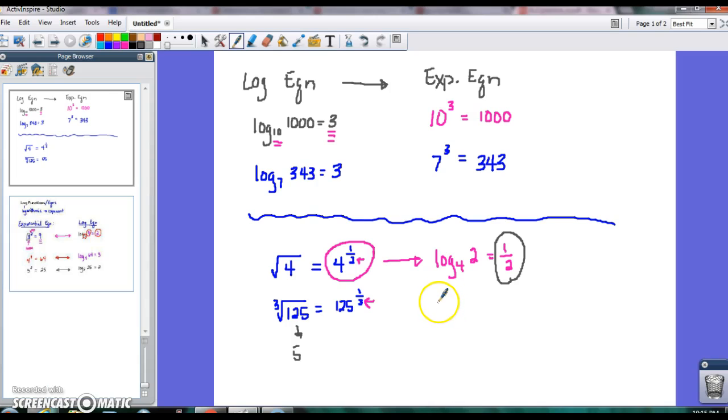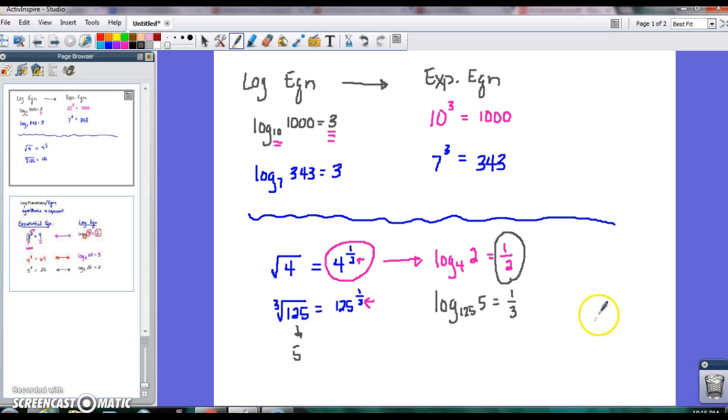I can say that my base here is 125, and I can say that my exponent is 1/3, and then my answer is 5.